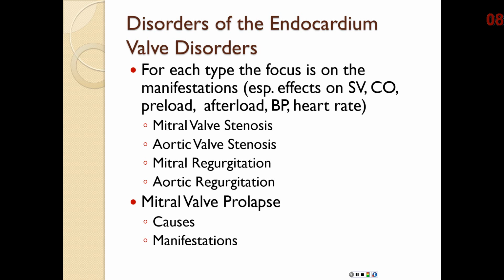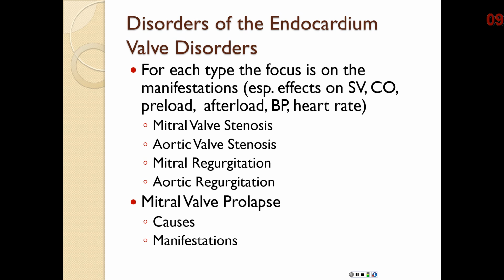So let's start with mitral valve stenosis. In mitral valve stenosis, you will see hypertrophy of the left atrium. Again, because the valve is narrow, blood is backing up into the left atrium because it can't get through the valve. There may be atrial fibrillations because the blood is backing up. By fibrillations, it means it kind of quivers, so the heart quivers instead of contracting effectively.